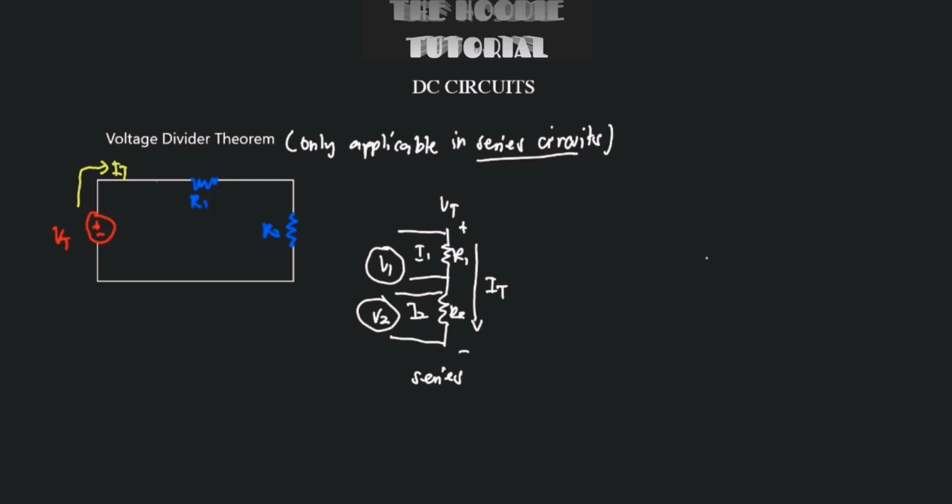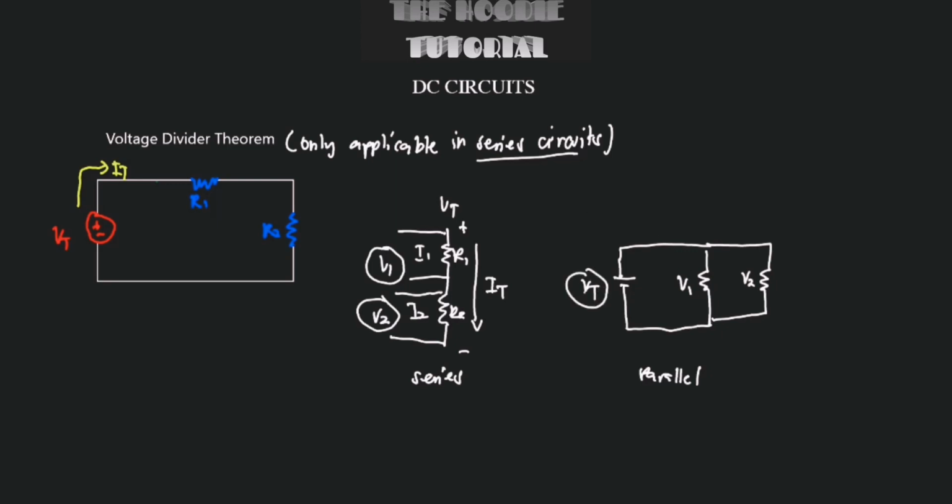How about if we have resistors connected in parallel? Let's say that this is the voltage source, connected like that. This is parallel. In parallel circuits, VT is just equal to V1 and V2, because whatever magnitude our voltage is right there is just equal to the voltage drop across the resistors R1 and R2.